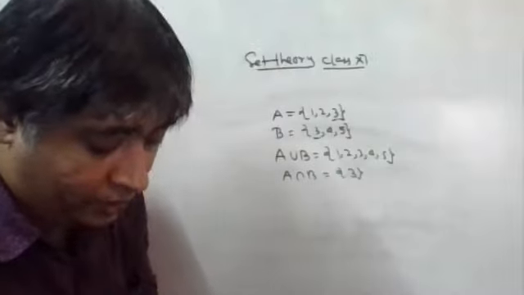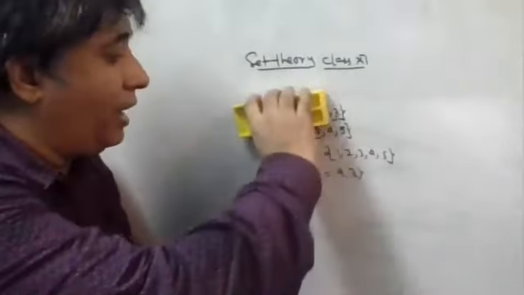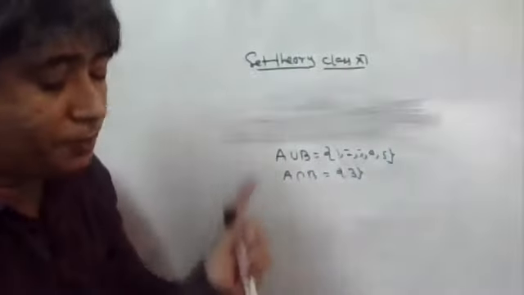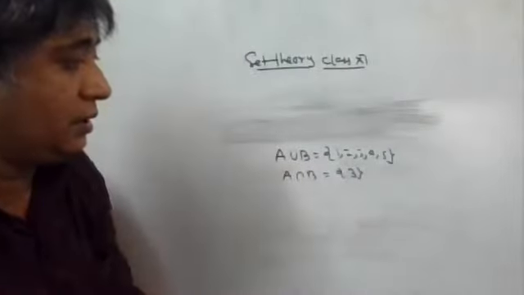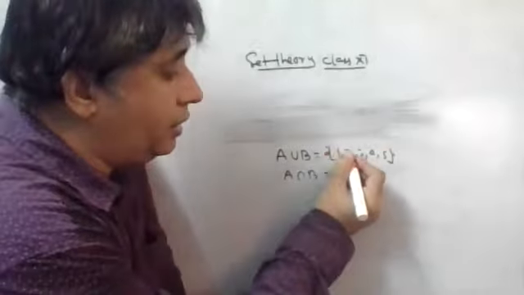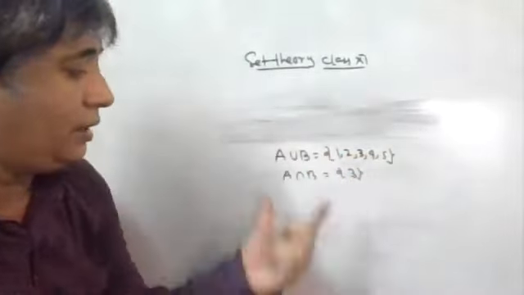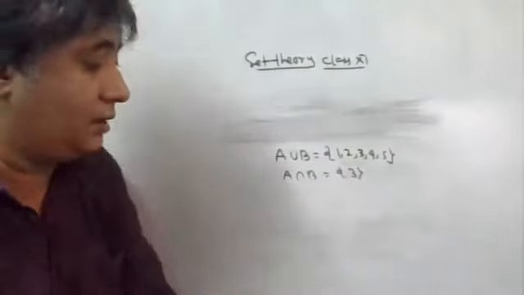Now, if this part is not provided, and only A union B and A intersection B are given.